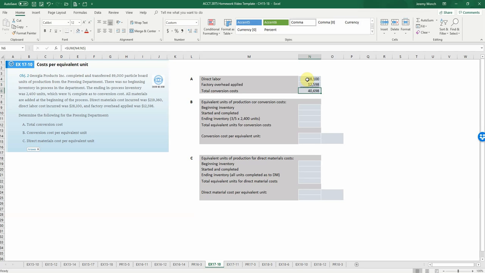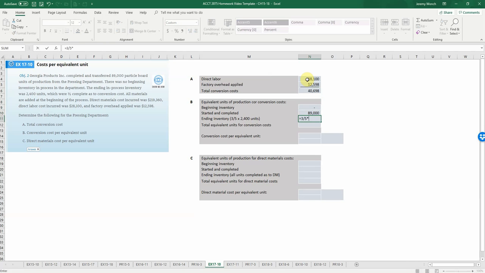So part B, we want conversion cost per equivalent unit. To calculate the equivalent units, we start with the beginning inventory, and in this case it's 0. Then it says that we started and completed 89,000, but we have 2,400 units in ending inventory that are about 3/5 complete.